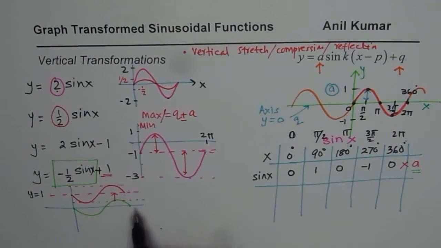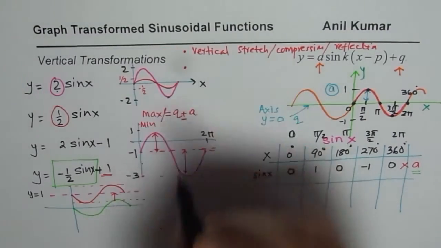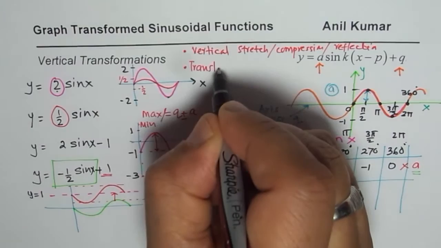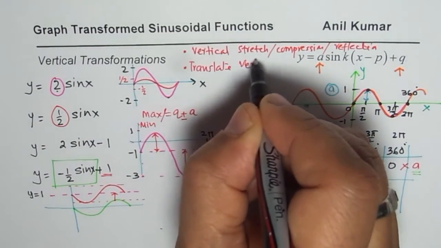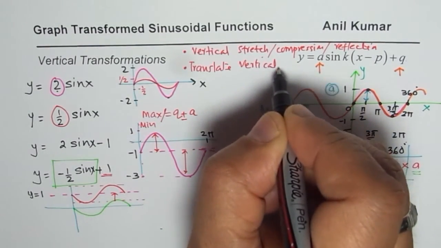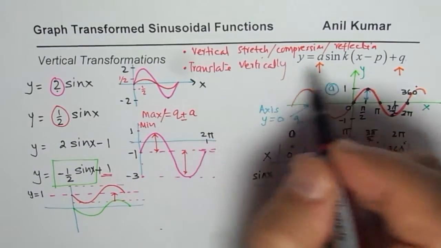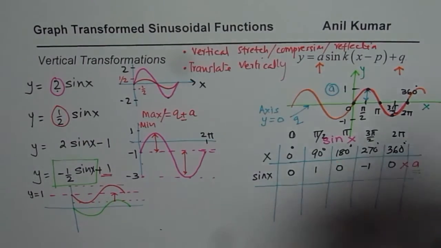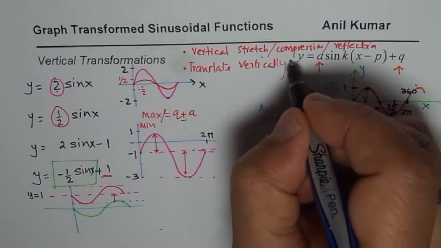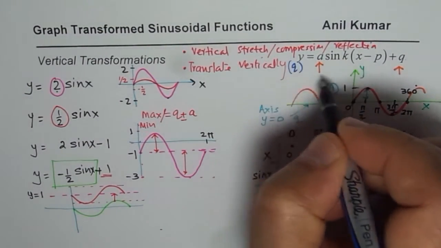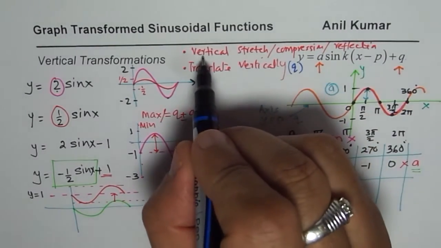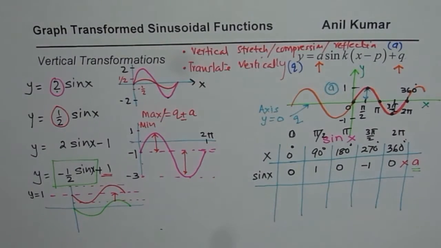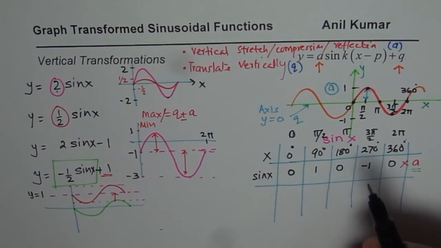Then you sketch your graph. And the second step is to translate vertically. This vertical translation is because of q, right? If it is plus, it is up, minus means down. And vertical stretch or compression is because of a, correct? So that is the key value.